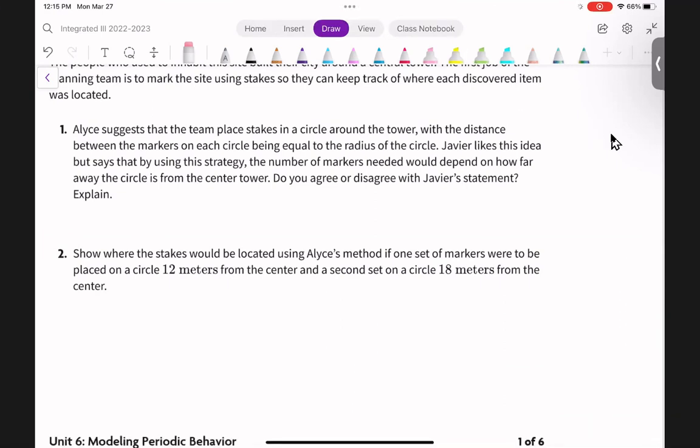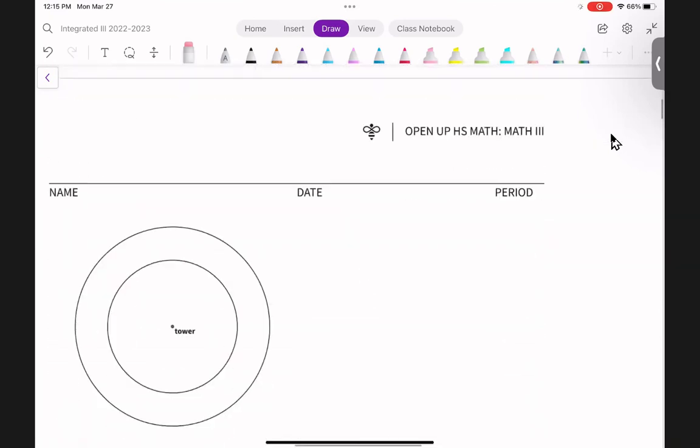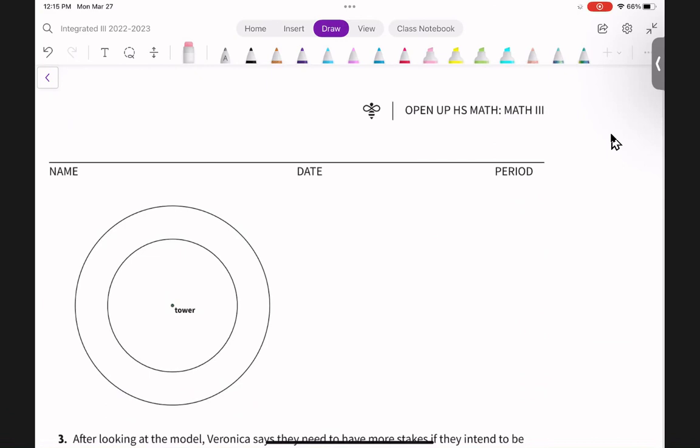And so we need to figure out what that looks like, right? So first of all, what do you think? Do you agree with Javier? The way I'll explain this to you is if I take a radius from the tower to the circle, that's a radius away.